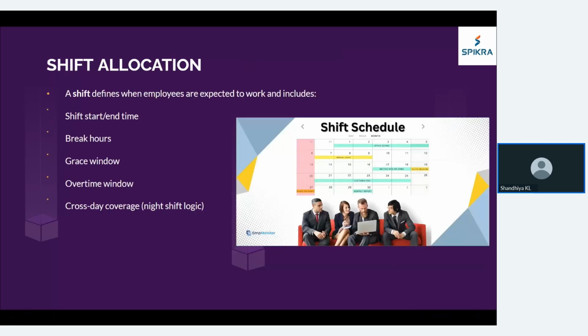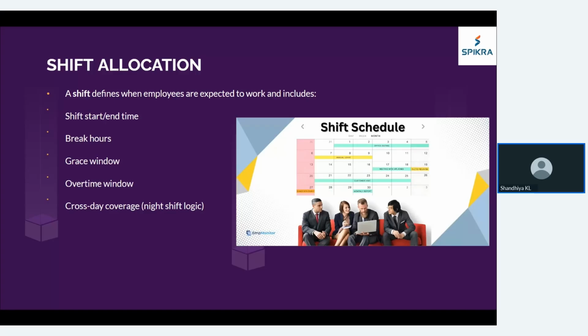Then we move to the shift allocations in Zoho People. Shift allocation is a setting used to define where an employee is expected to work during a specific shift.